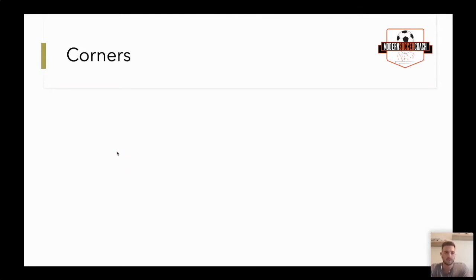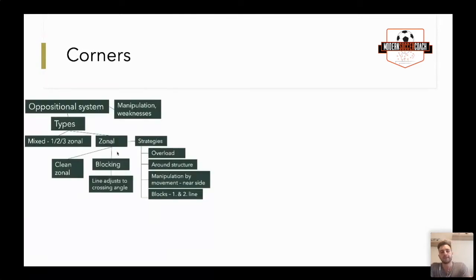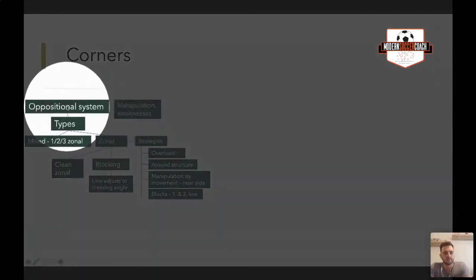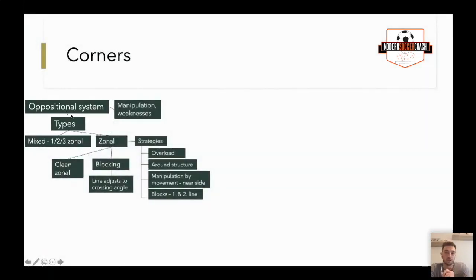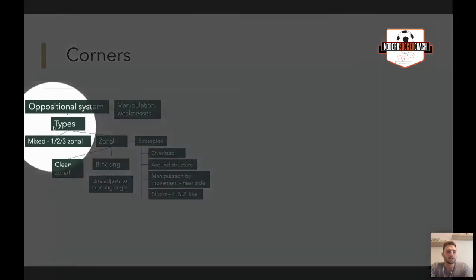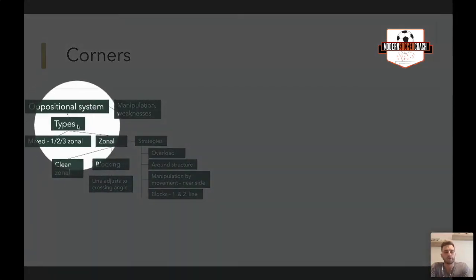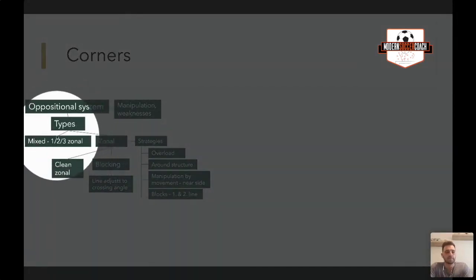So corners, the way I start to analyze the corners is to check the opposition's system. This is, I think, the most important, to understand what the opposition is doing, what type of system they use.